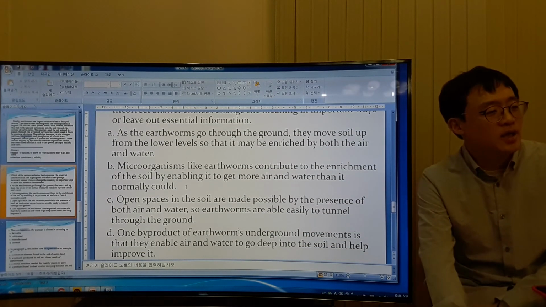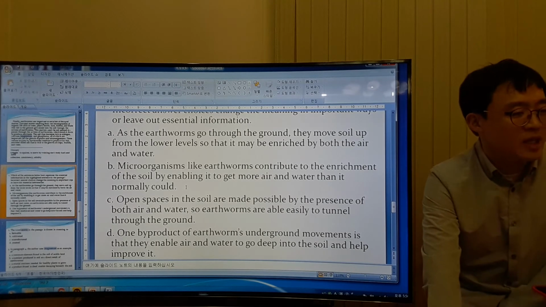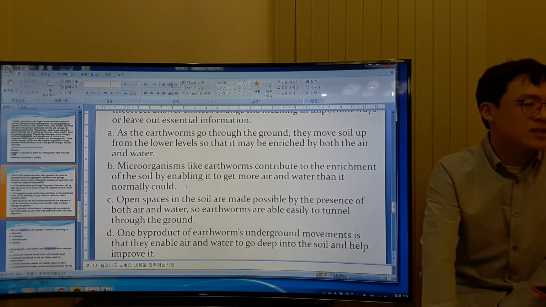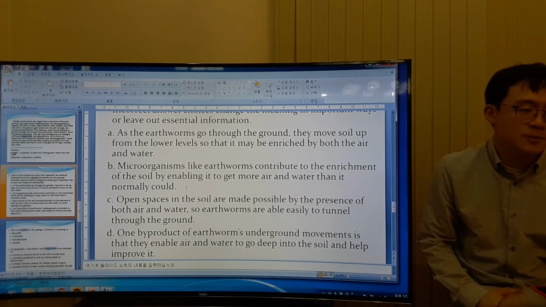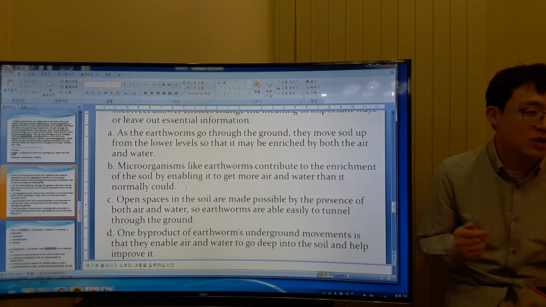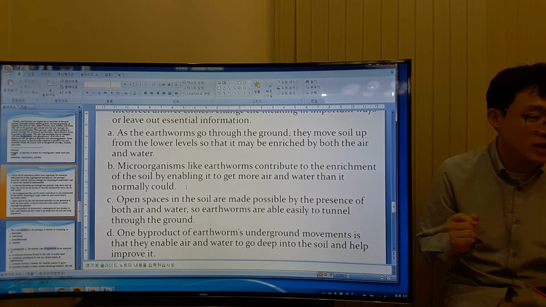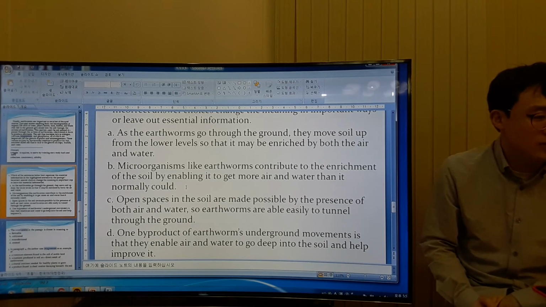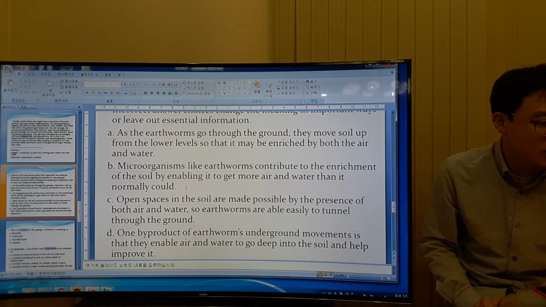As the earthworms go through the ground, they move soil up from the lower levels so that it may be enriched by both the air and water. This is about the earthworms. When they travel underground, they make tunnels. It's not about them moving the soil up, so A is not the answer. Microorganisms like earthworms help the enrichment of soil by enabling it to get more air and water than it normally could.